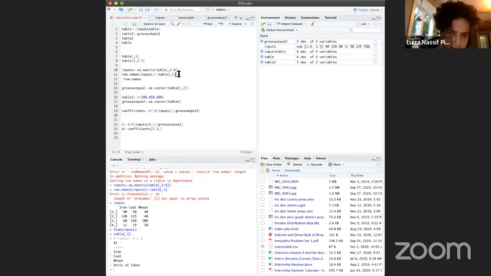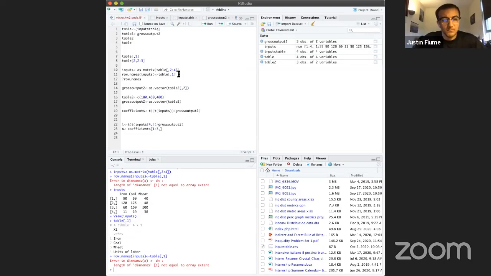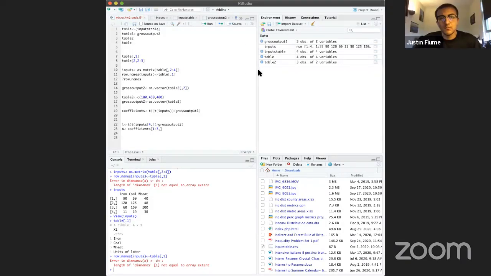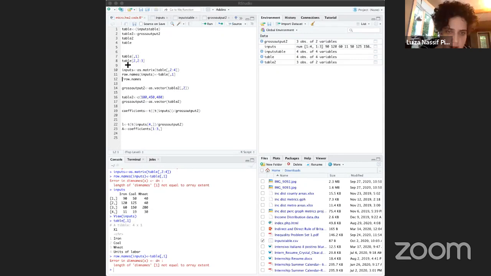Why is it not running? So do an as matrix of table 1 as well on line 11. See if that works.